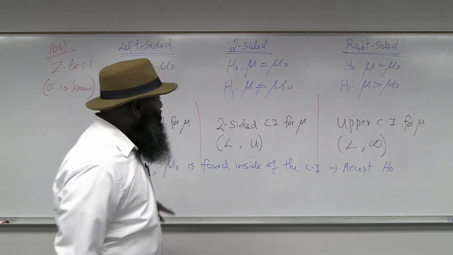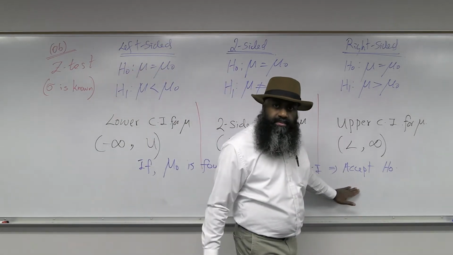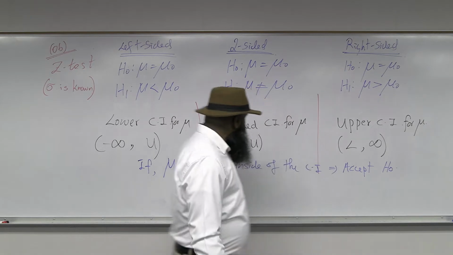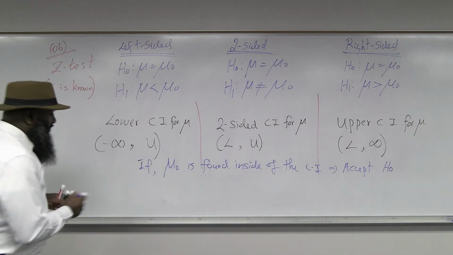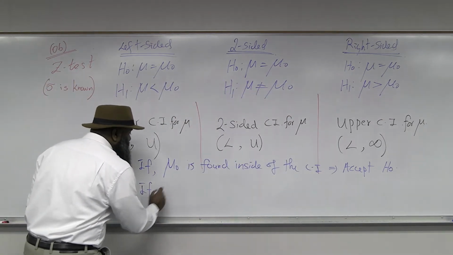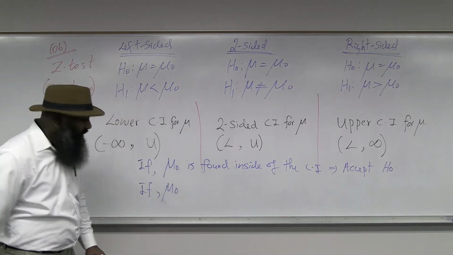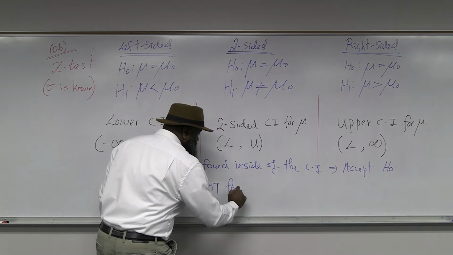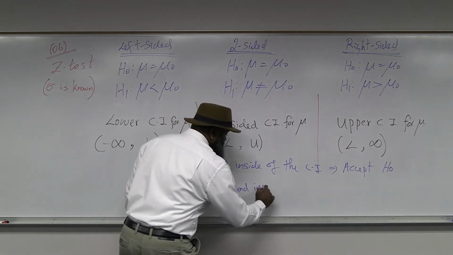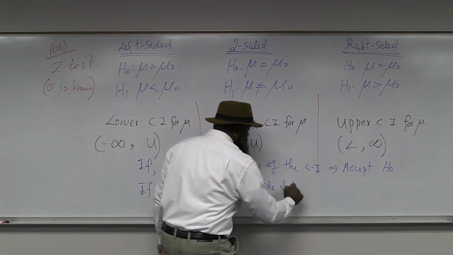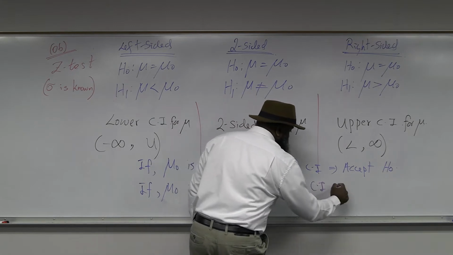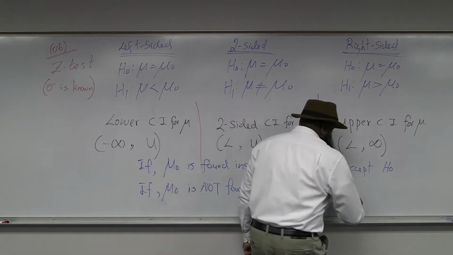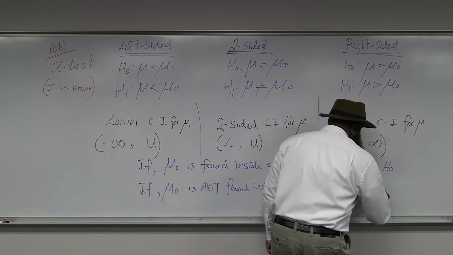Therefore, we say we accept the null hypothesis. The same way, I can say if mu 0 is not found inside of the confidence interval, I will say reject the null hypothesis.